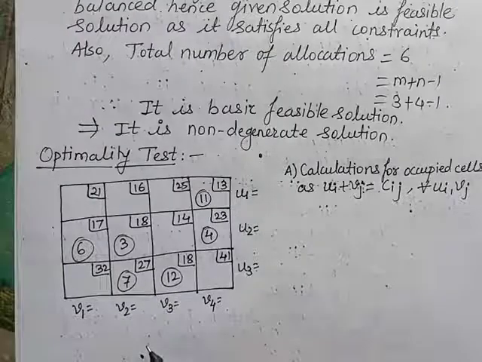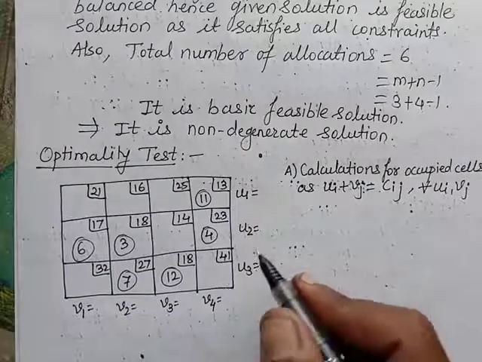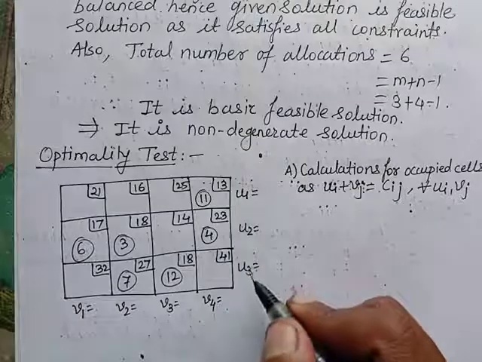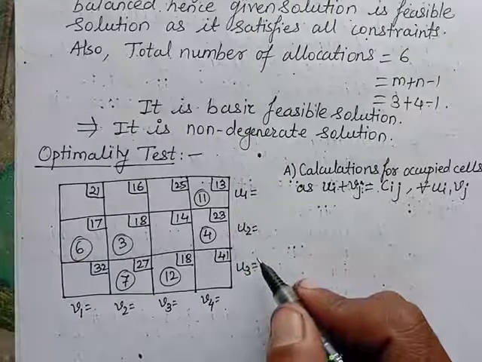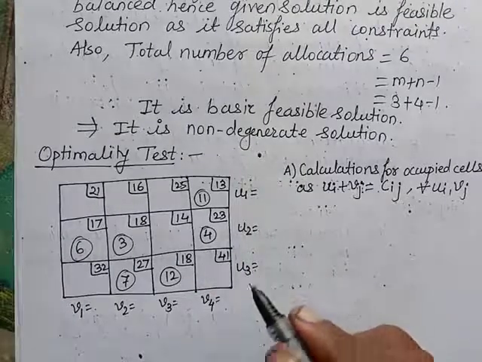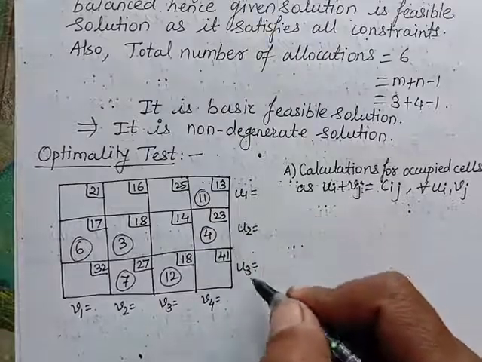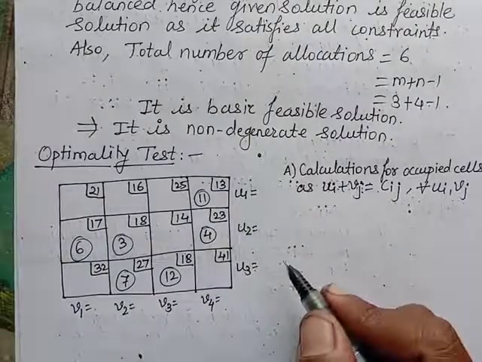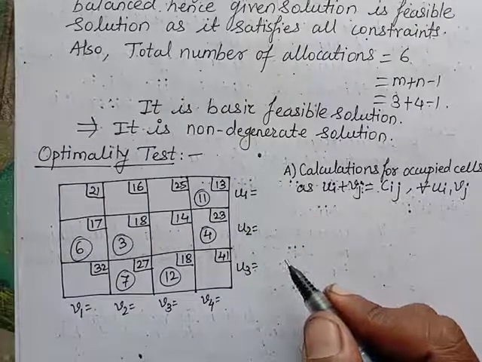As we have written in the theory part, to determine all ui and vj we need to set one of them, any one ui or vj, to 0. So we have to set it as 0.